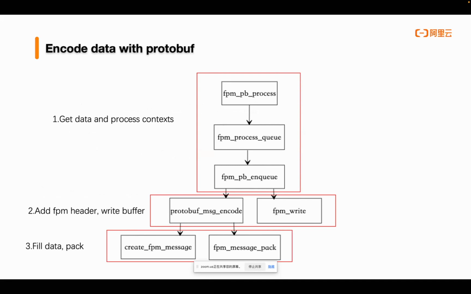In the first part, the data plane will get data from Zebra and put it in a context queue. In the second part, it will process every single context, add the FPM header after generating the payload, then write the data to a buffer, ready to be sent. The third part parses the data and packages it into binary using protobuf.